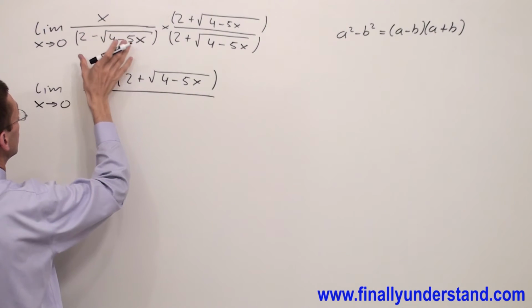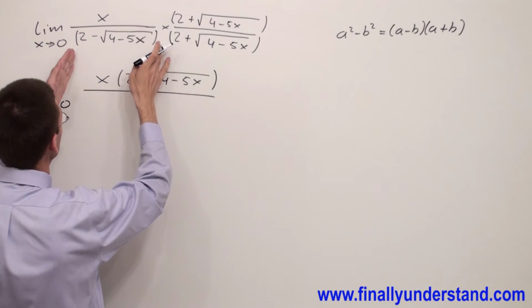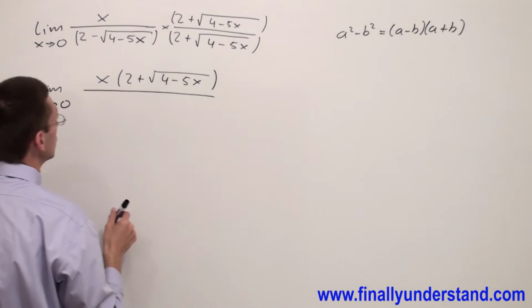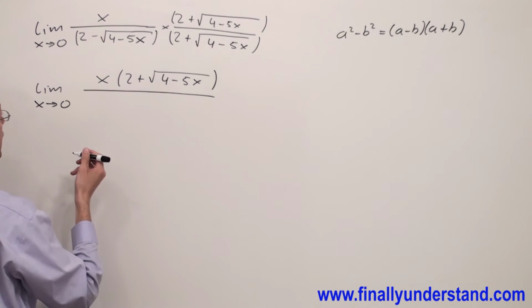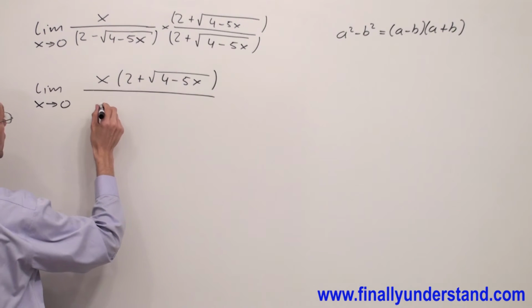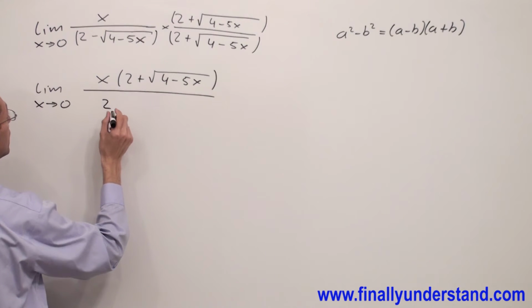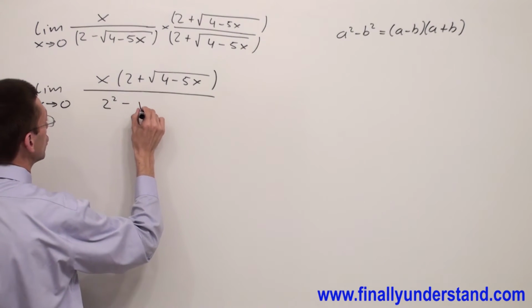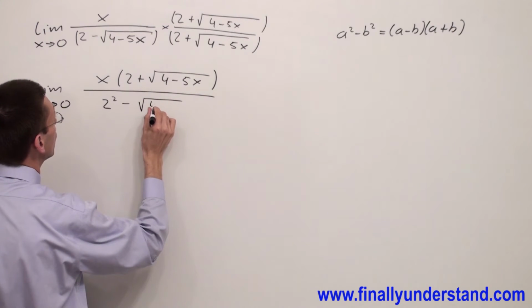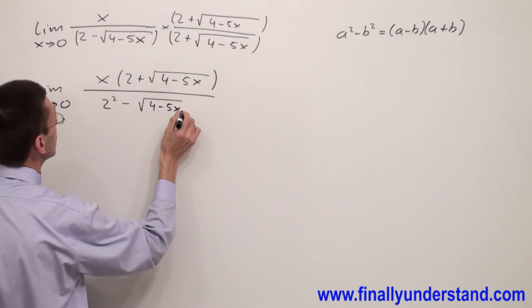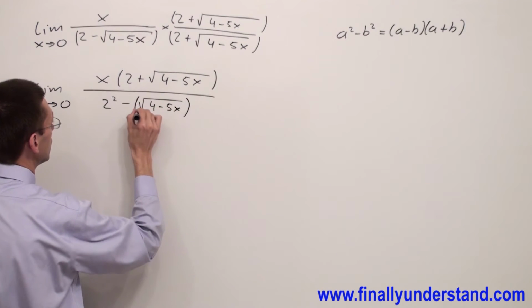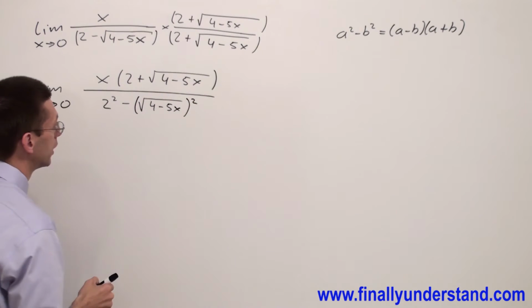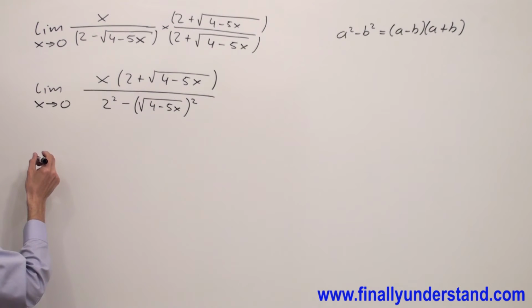So instead of having two long terms, I can simply write this as 2 to the second power minus square root of 4 minus 5x to the second power. I'm doing everything step by step. And let's take a look at what we are going to have.